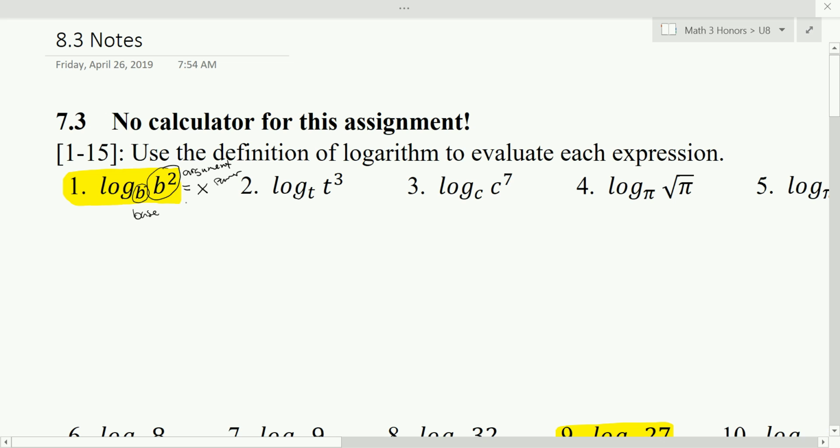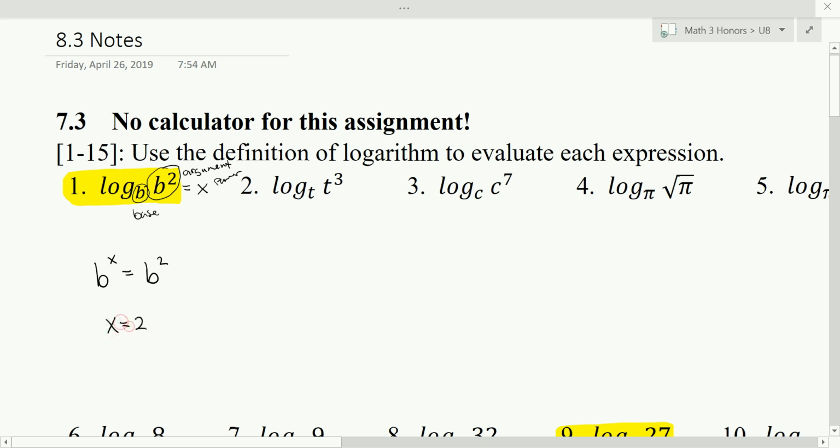So what you're going to want to do is change it out of this form back into exponential form. Okay, so you notice where the three things are. If I change this into exponential form, my base is b to the power of x, and I'm going to set it equal to what? The argument, which is b squared. So what's x?